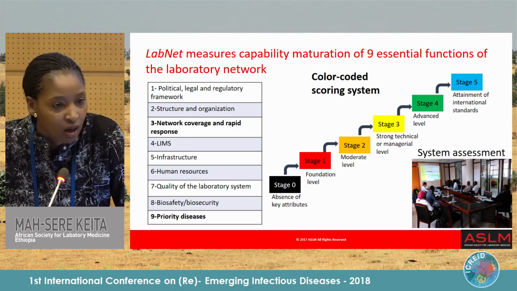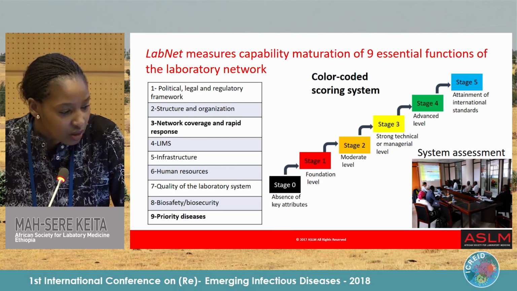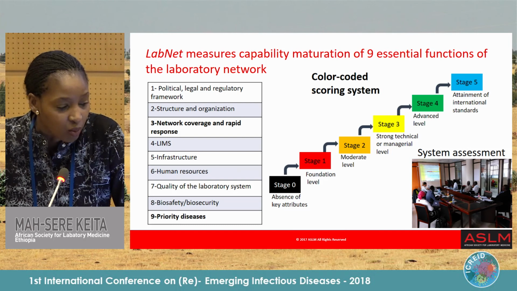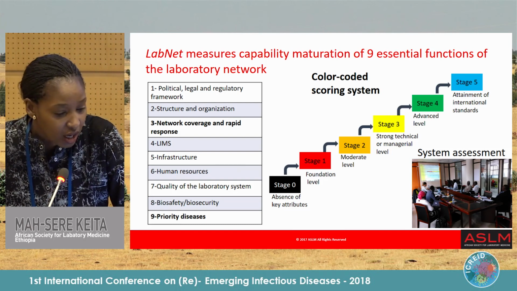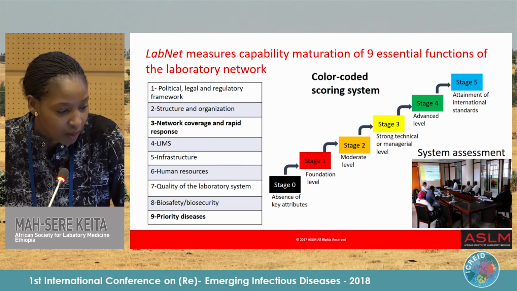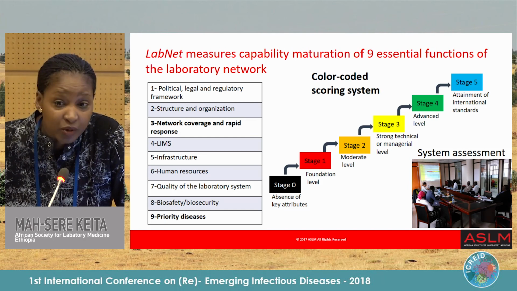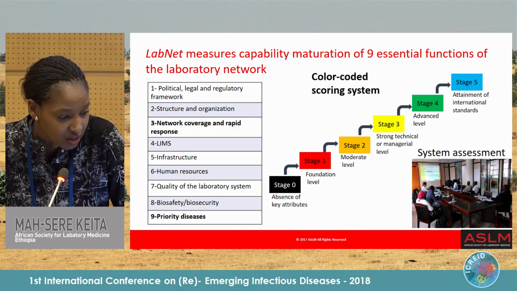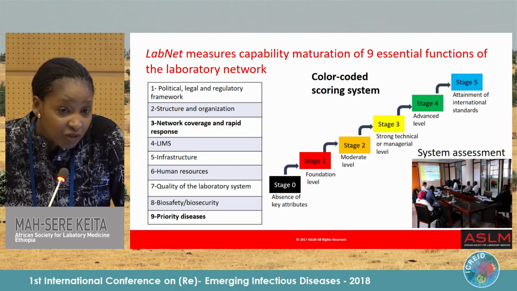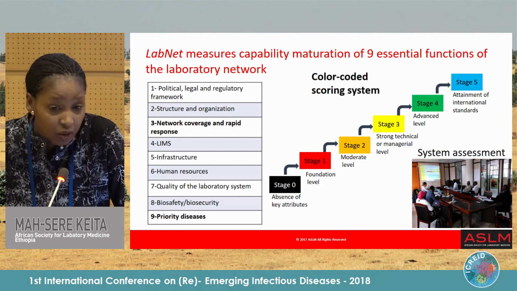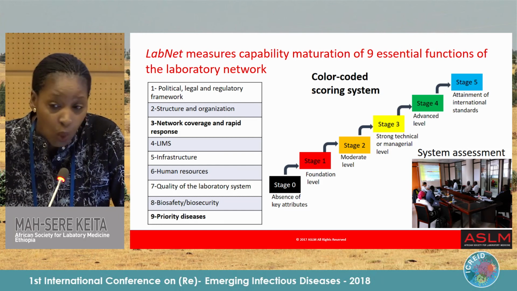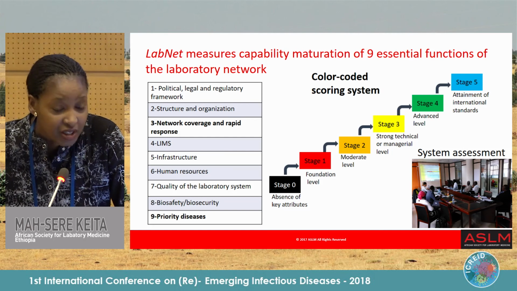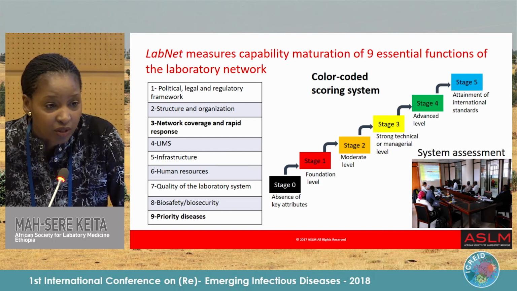So the 9 essentials, we look at whether there's a political, legal, and regulatory framework, whether there's structure and organization and how the laboratory network is set up, network coverage and rapid response, whether there's a laboratory information system, a LIMS system, the infrastructure of the laboratory, and then human resources, the quality of the laboratory system, whether there's biosafety and biosecurity standards, and then we work with the countries.